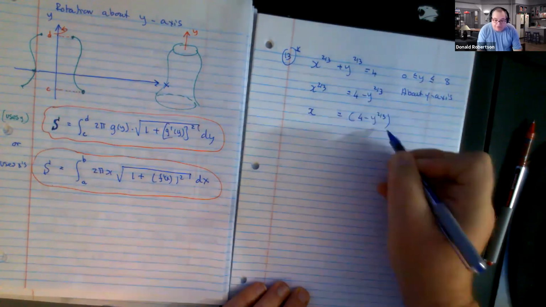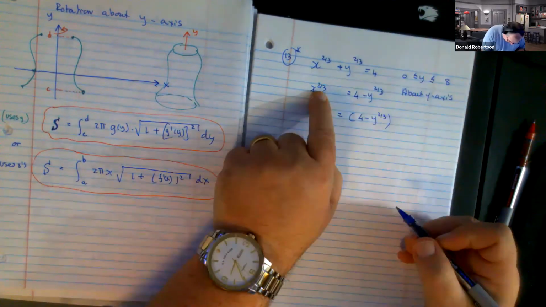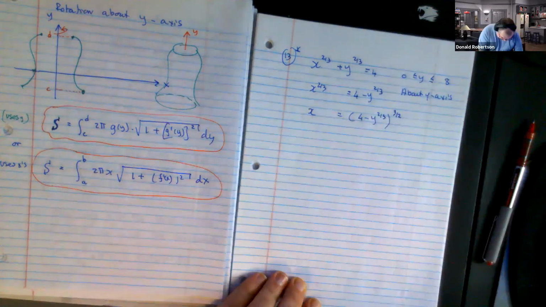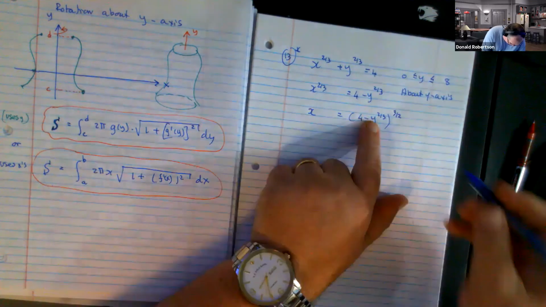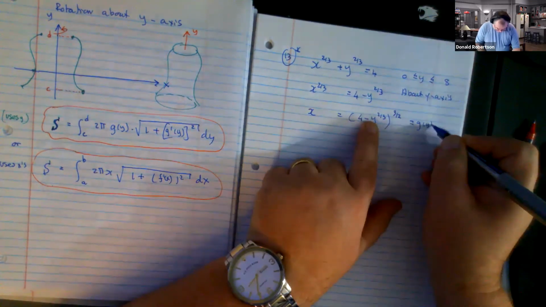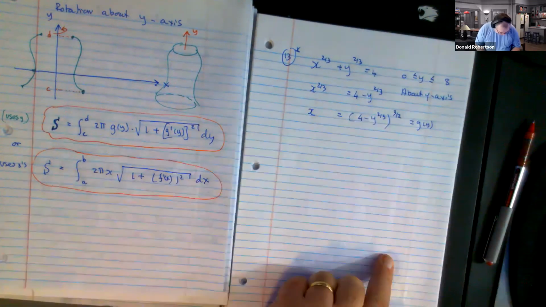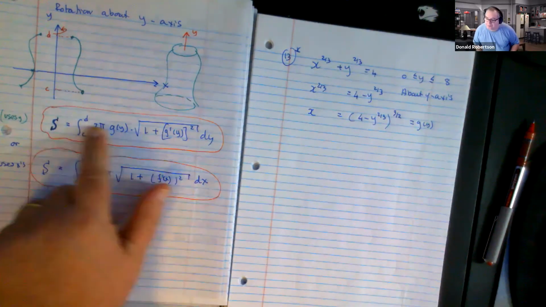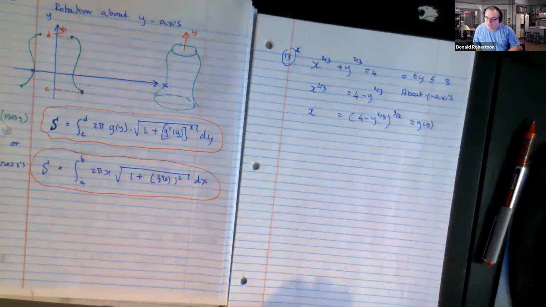If you take this and raise it to the power of its reciprocal, you now have x. So that there is essentially going to be your g of y. And you can now use that formula. So you see, you may have to do some algebra, depending on the question.